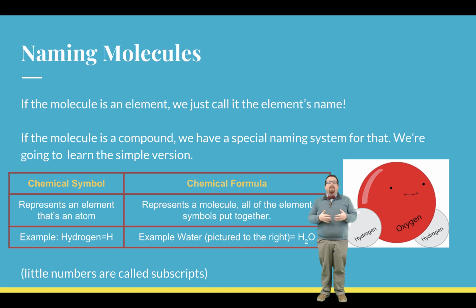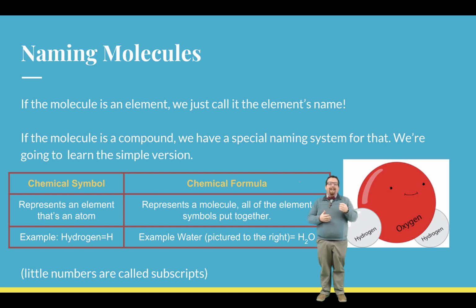So there's a few different ways we can name molecules. If the molecule is an element, so you have 2 atoms of hydrogen stuck together, we just call it hydrogen. And if the molecule is a compound, there are certain procedures on how you name them based on what it's made out of. But we're just going to learn the simple way, or the shorthand way.